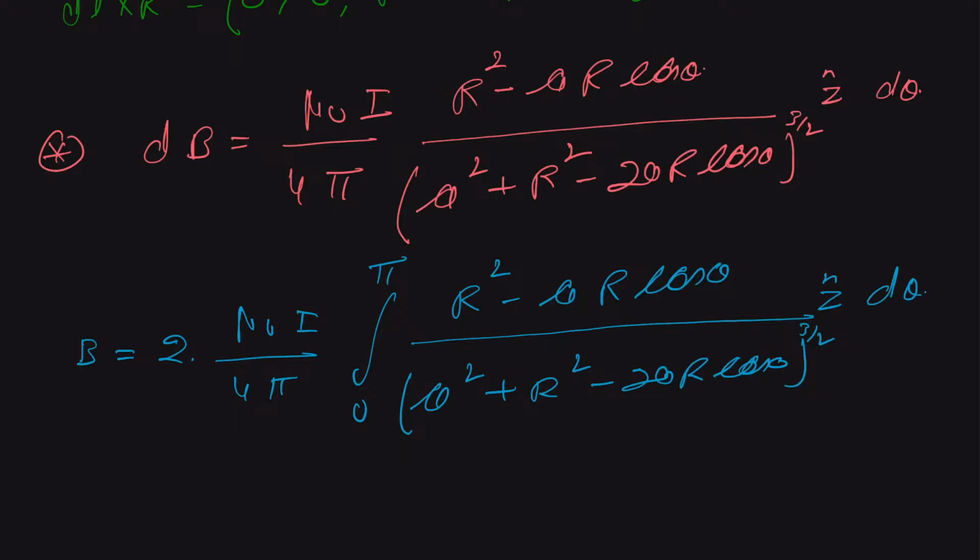So this is our magnetic field because of a ring at a point which lies in the plane of the ring, and the distance of that particular point is A. That point can be inside the ring as well as outside the ring. So that was the basic question. Next question.